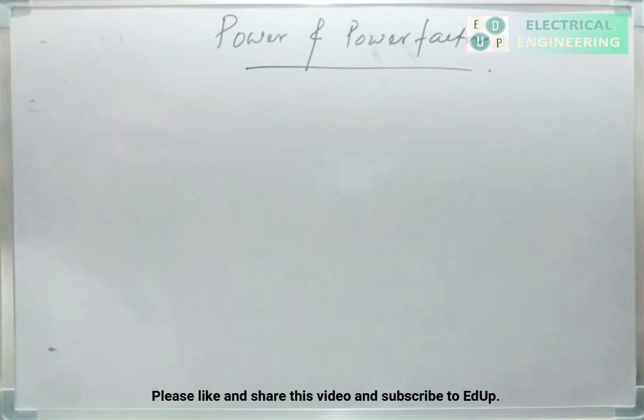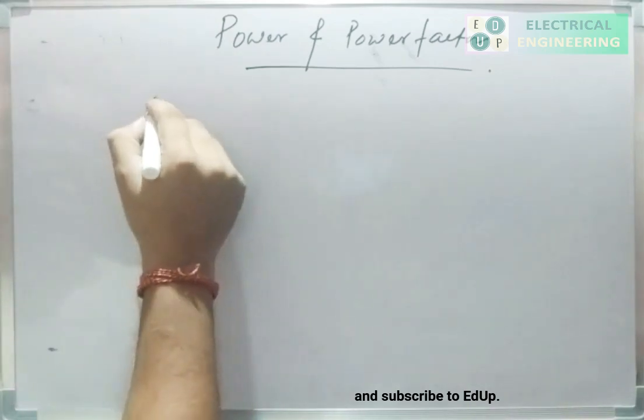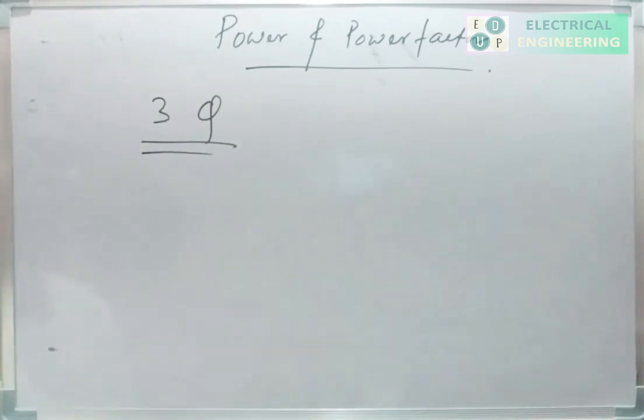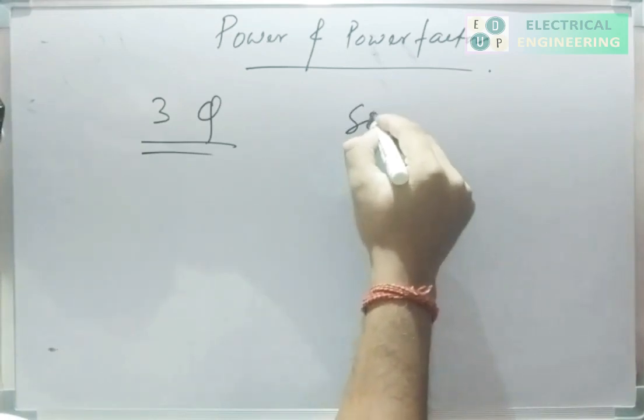Usually we see AC power in three-phase systems. In most places AC is used in the form of three-phase, and in domestic supplies we use AC as a single phase.